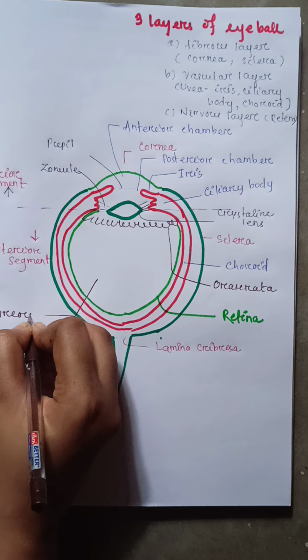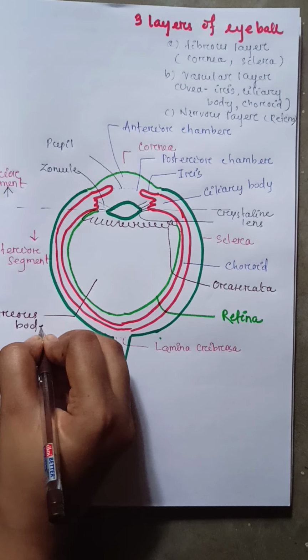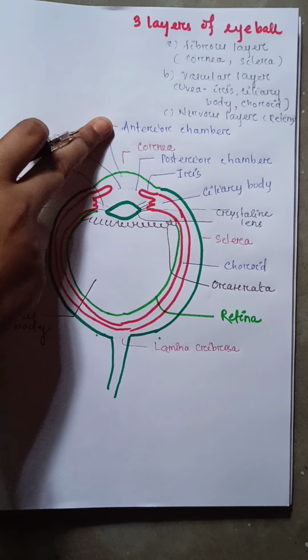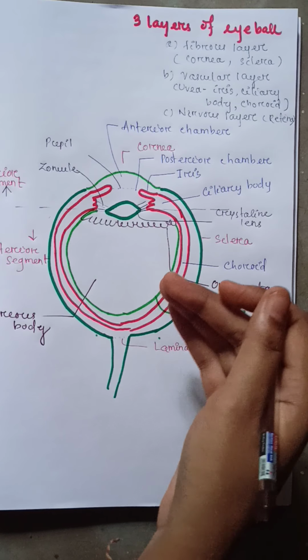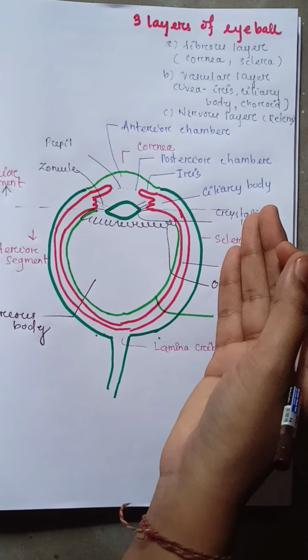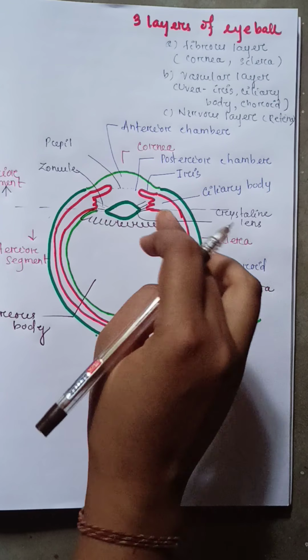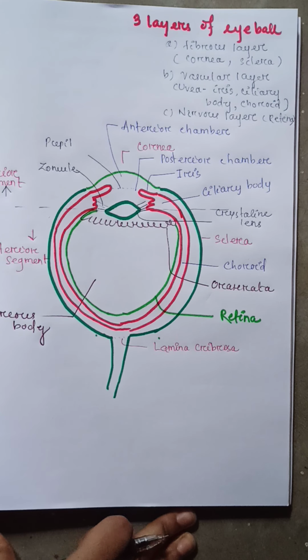And in the anterior chamber and posterior chamber there will be flow or drainage of the aqueous humor produced by the ciliary processes.